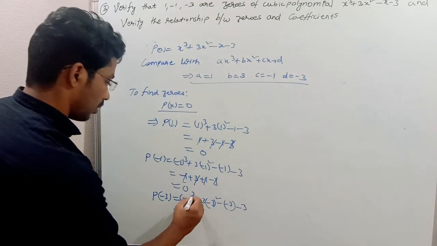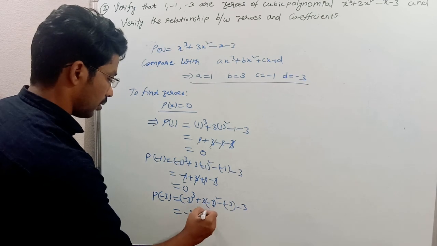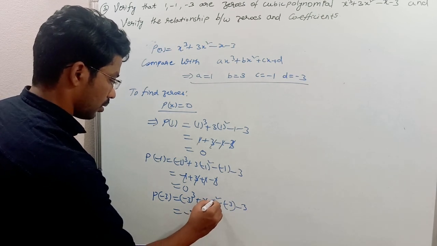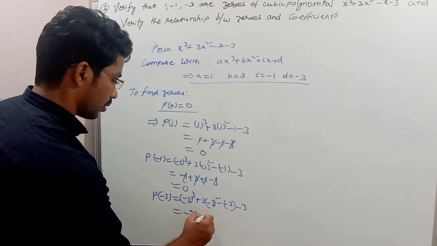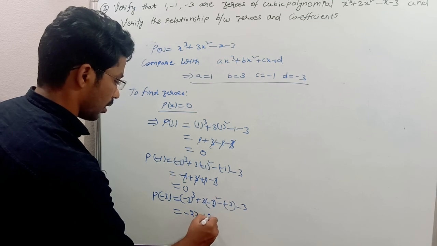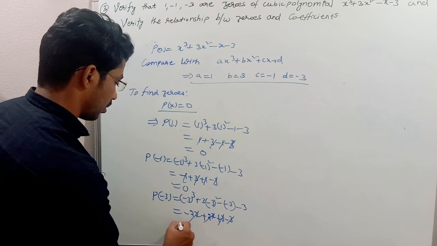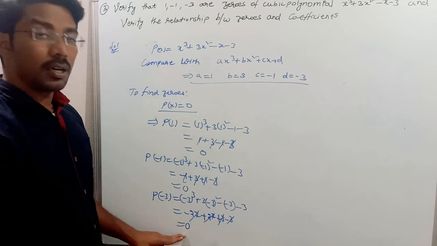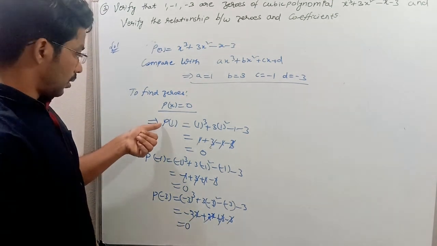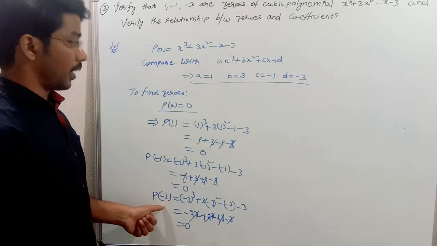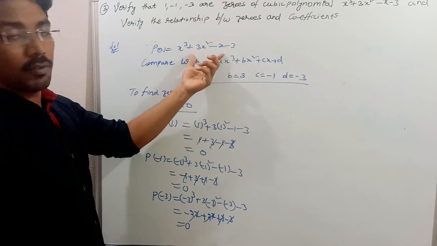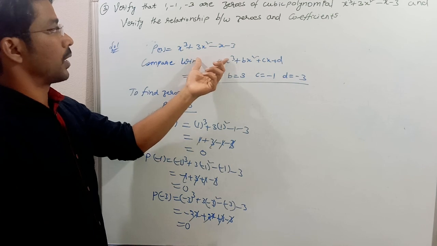So minus 3 cubed is 27, and 3 threes are 9. As it is even, it should be positive. So plus 3 into 9, 27, plus 3 minus 3 get cancelled, and finally we get 0. So hence 1, minus 1 and minus 3 are the zeros of the given cubic polynomial, hence verified.